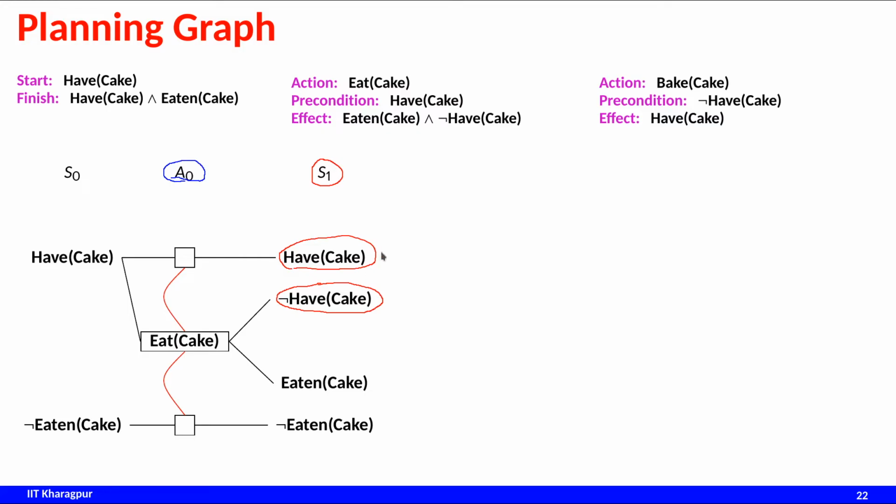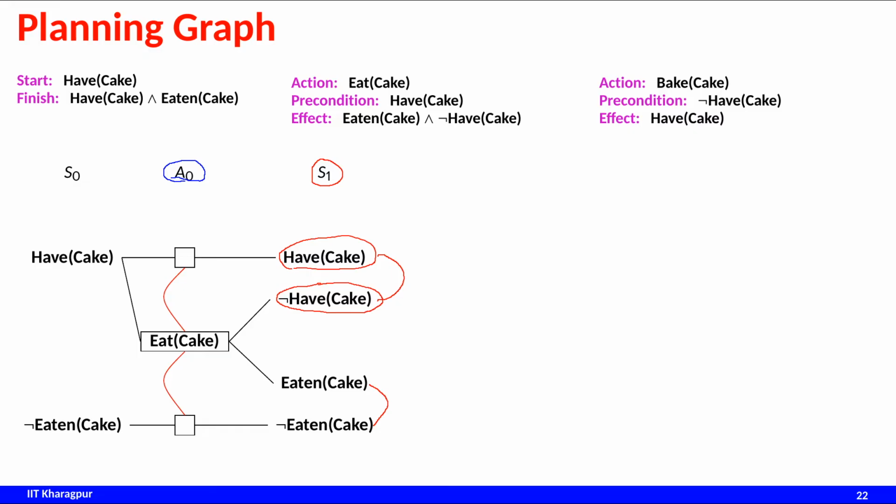How can we figure out the mutex literals? The easiest thing is that these two are definitely in conflict, because if a literal appears in both positive and negative form, then they are mutually exclusive. Both of them cannot be true together at a particular state. Similarly, these two will be mutex literals.